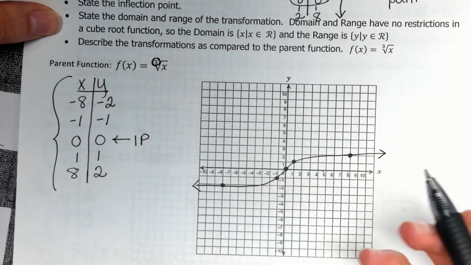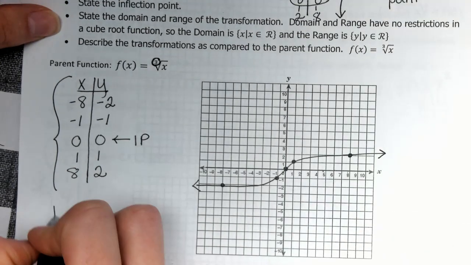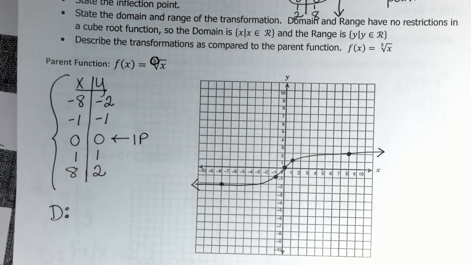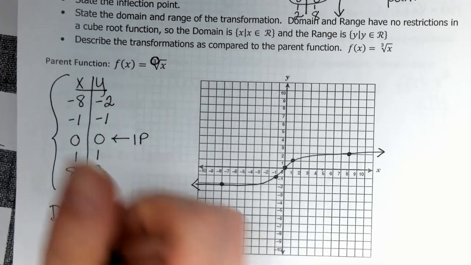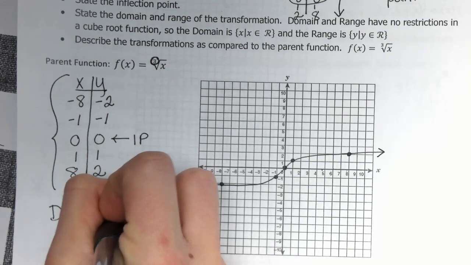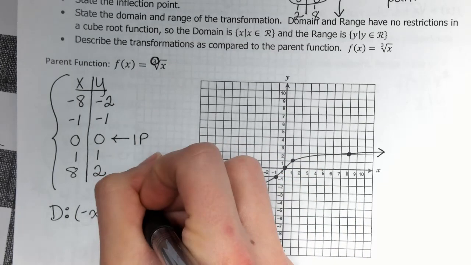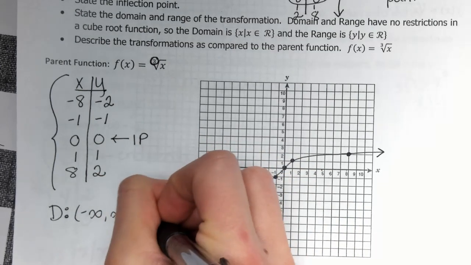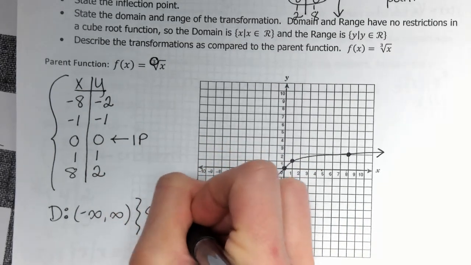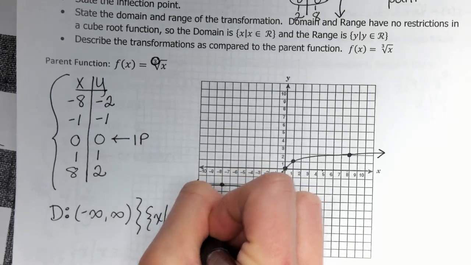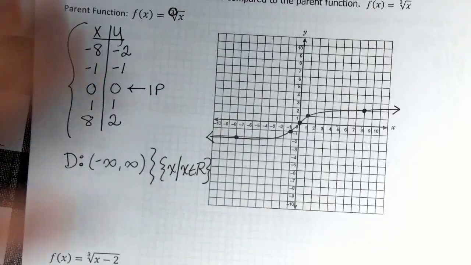Okay? Now, my domain, I don't have an endpoint. I have arrows on both ends. So what would my domain be? Negative infinity to positive infinity. Or if you wanted to do set builder, that's x is a member of all real numbers.